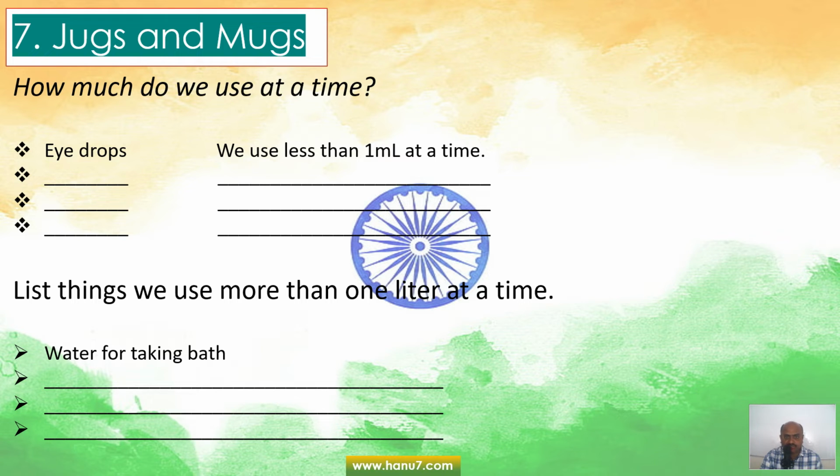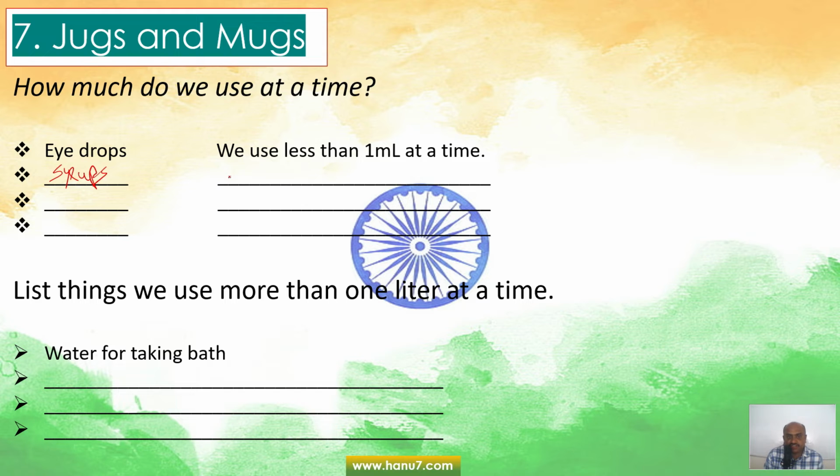Now, how much do we use at a time? For eye drops, we will be using less than 1 ml at a time. For syrups, you can write something like 5 ml, 7.5 ml or 2.5 ml, and that is also 3 times a day.